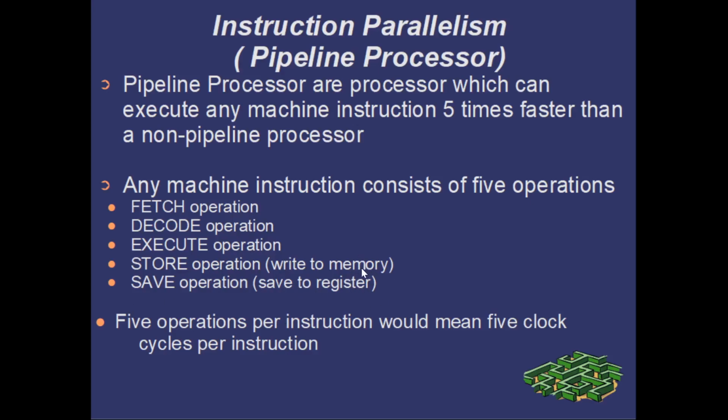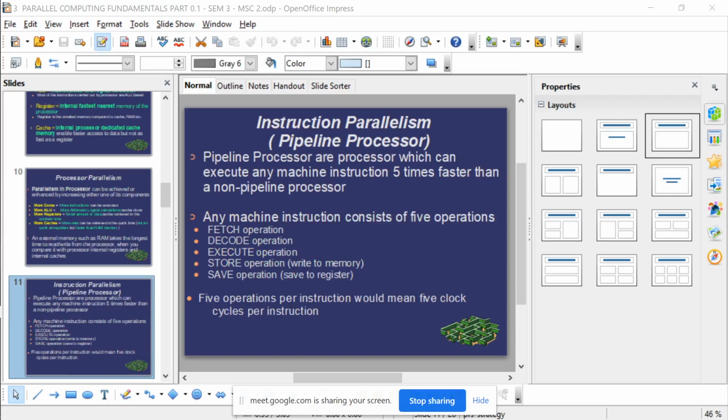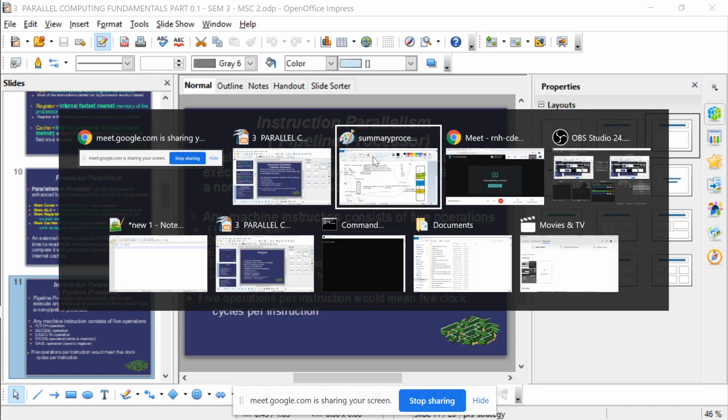Understand that when you say memory, in this case it means RAM, and the register is the nearest, smallest and fastest memory to the processor. Every instruction goes through 5 clock cycles, which means it will take 5 ticks. In a pipeline processor, ideally when one instruction is going through all these 5 steps, the second instruction cannot do this. That is without a pipeline.